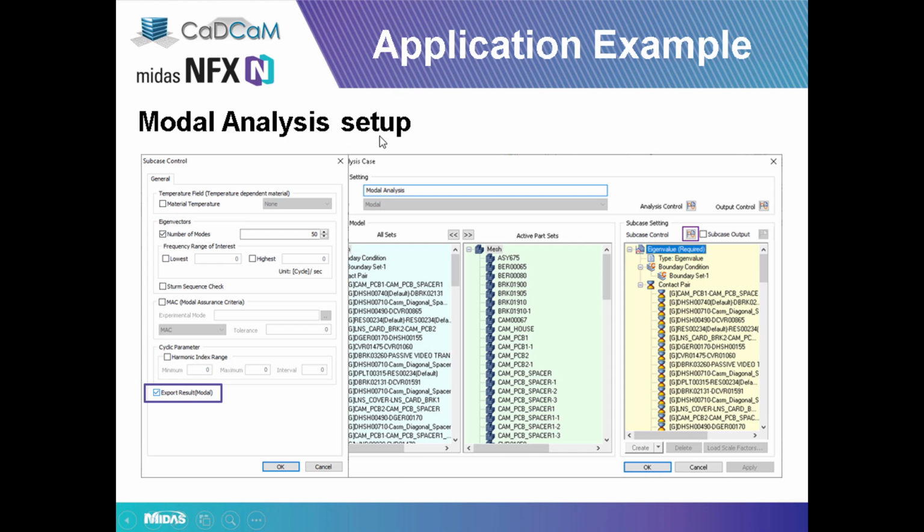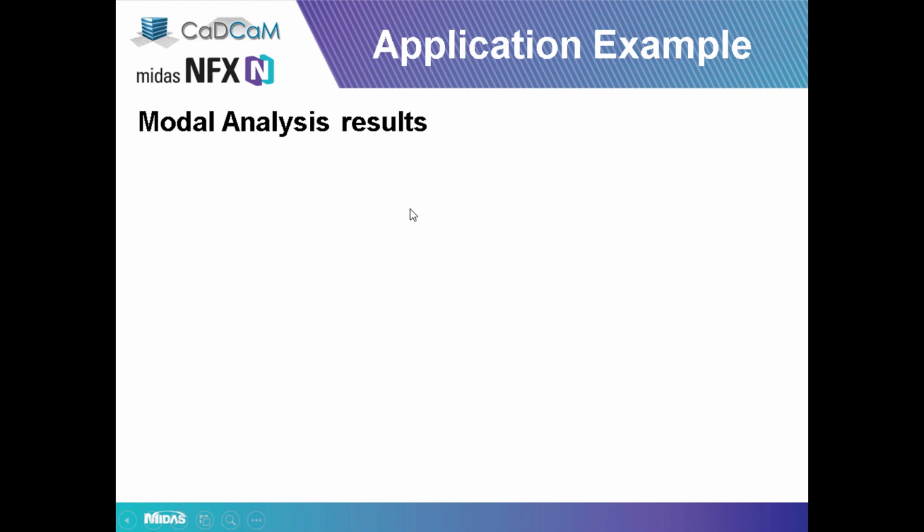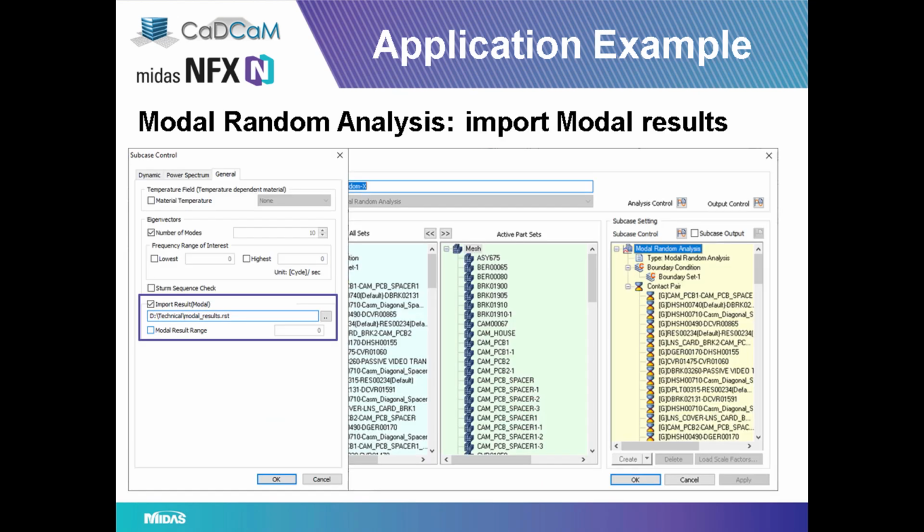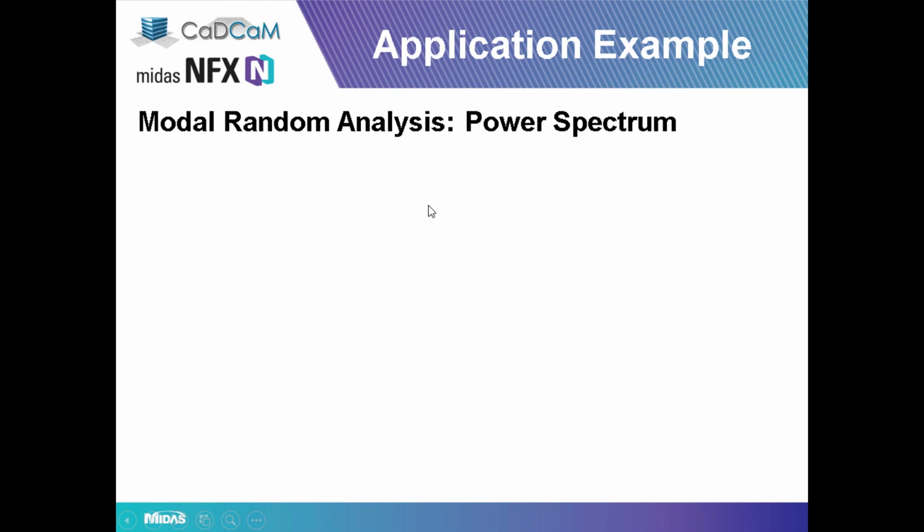We should define the analysis case. First, we should check the frequency, so we run modal analysis. So this is modal analysis, and we get the results. I will elaborate on them while I present in MIDAS NFX, and then we do a random response analysis by defining the case of random response.